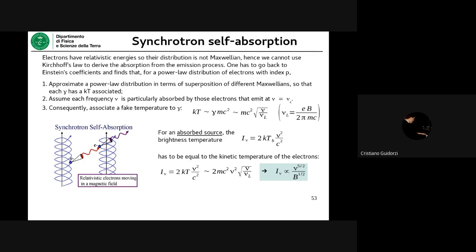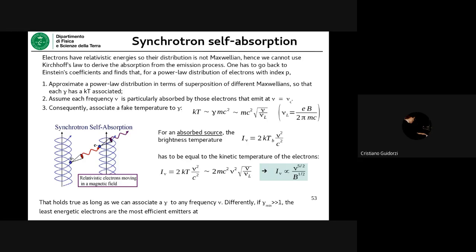So when the optical depth is much larger than 1, using this trick, the assumption that I exploited above holds true as long as, at any frequency, you can think of a corresponding electron whose critical frequency equals that frequency.